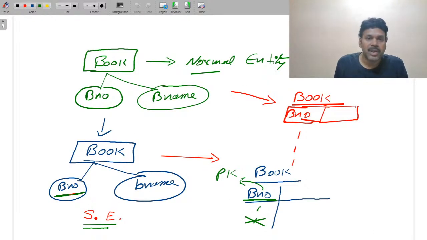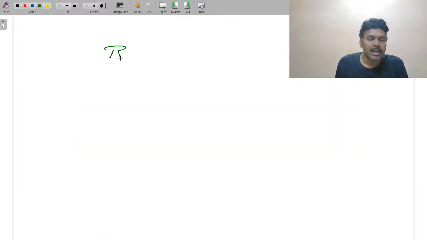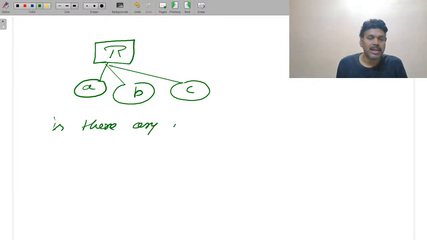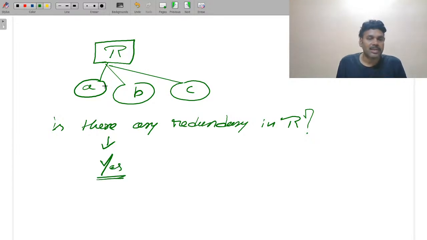Look at one more example, we'll go through it. There is an entity R which consists of A and B and C. If I ask, is there any redundancy in R? We can confirm yes, because no key attribute is available.